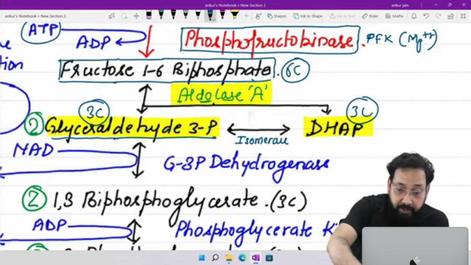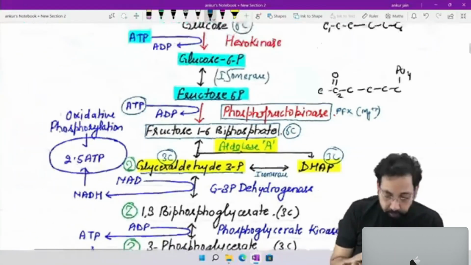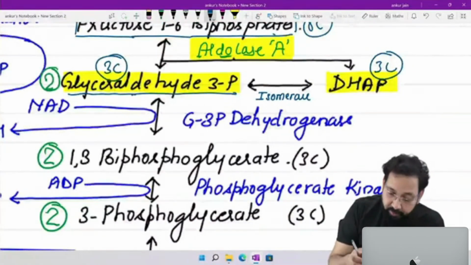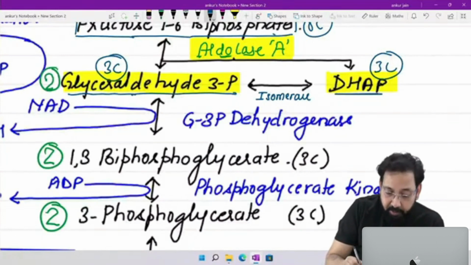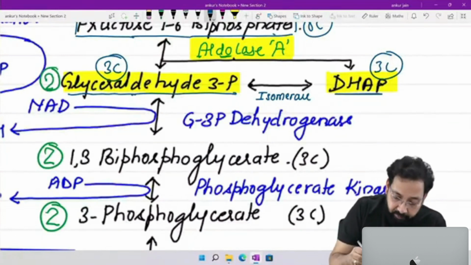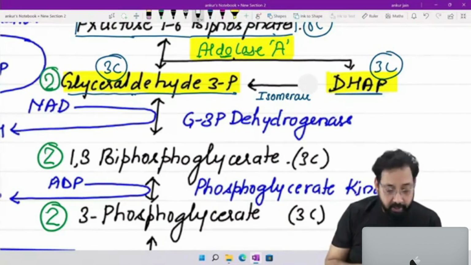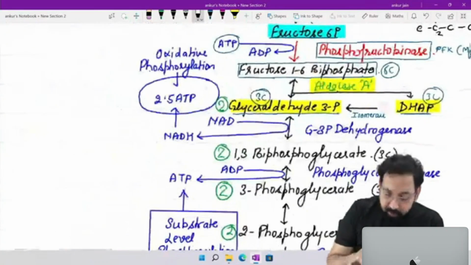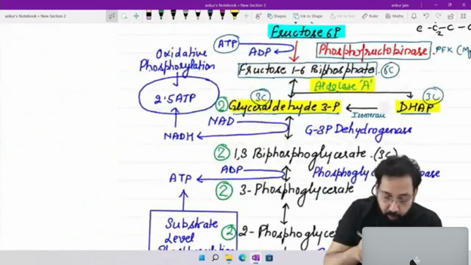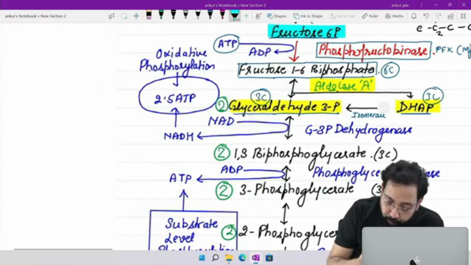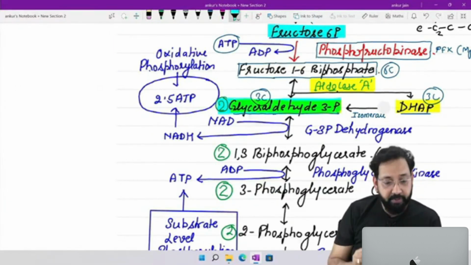Suppose this reaction is occurring in this direction, DHAP is converted to glyceraldehyde 3-phosphate. So you can say that in glycolysis you produce two molecules of glyceraldehyde 3-phosphate.